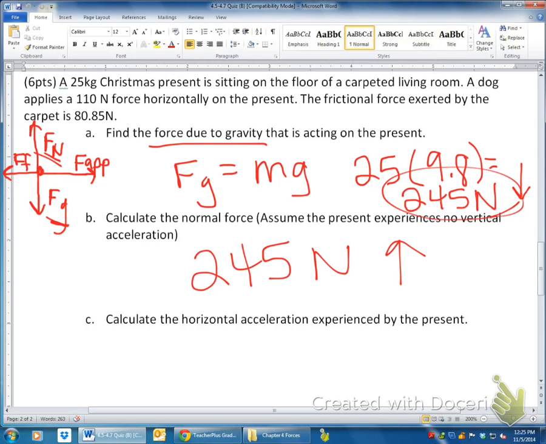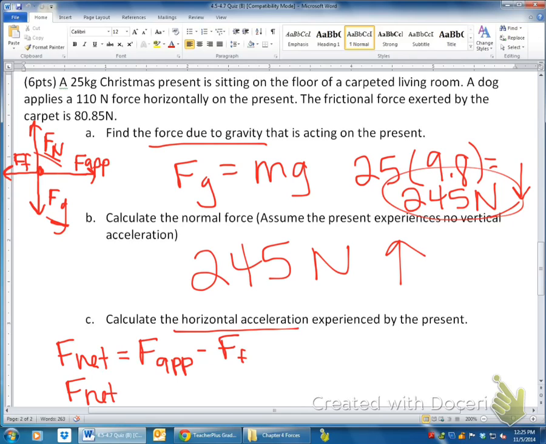Let's look at what part C is asking us. We want to look for horizontal acceleration. That means what forces are we dealing with? Friction and applied. So our net force equation here will be what? Exactly. Applied minus force of friction. Luckily, those two numbers are given to us in our problem.